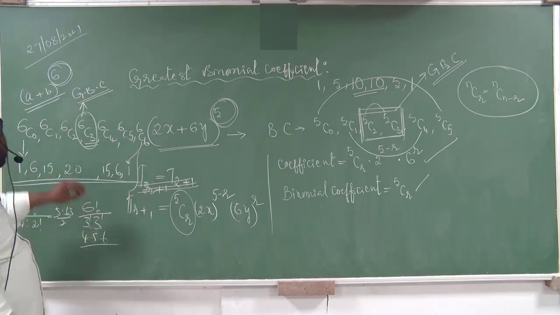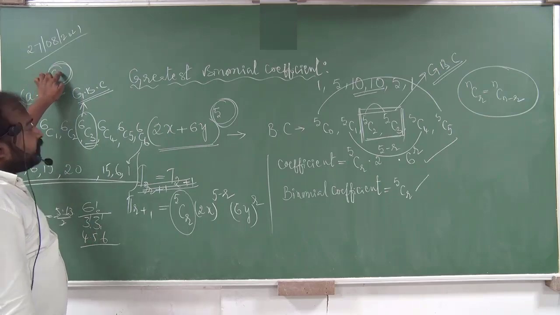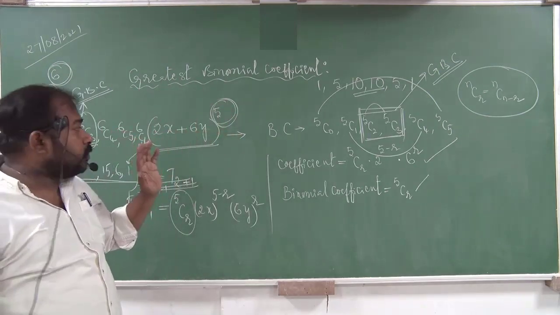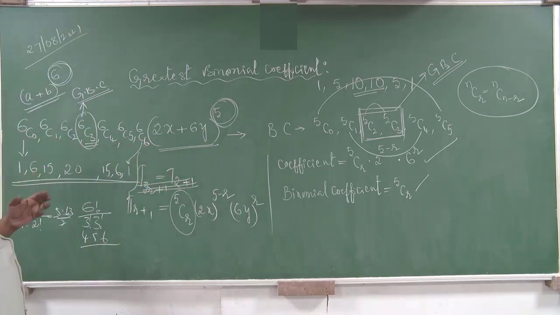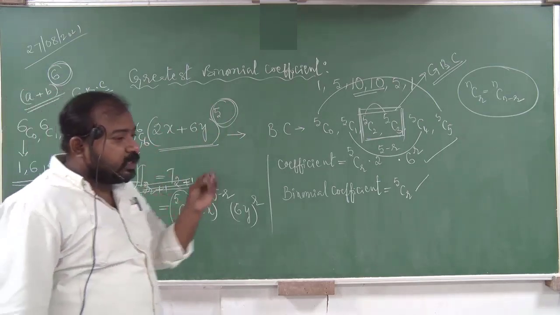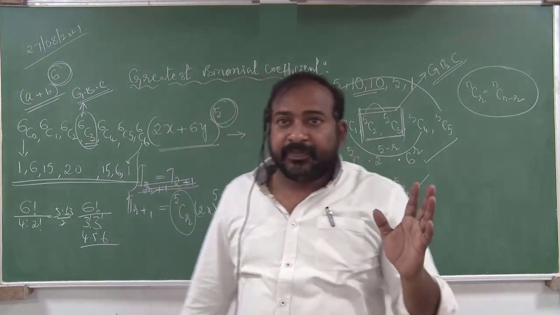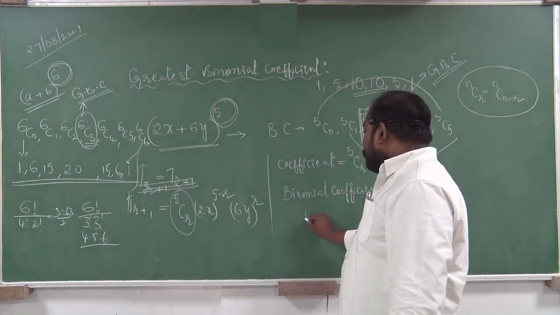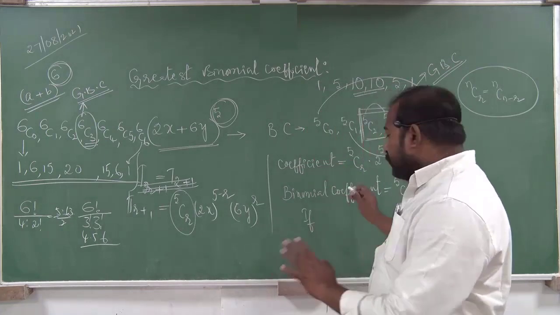Here I took one even integer value and one odd integer value. With these two examples, we can conclude what the greatest binomial coefficient is. If you observe, whenever n is odd, here I am writing the conclusion, listen.